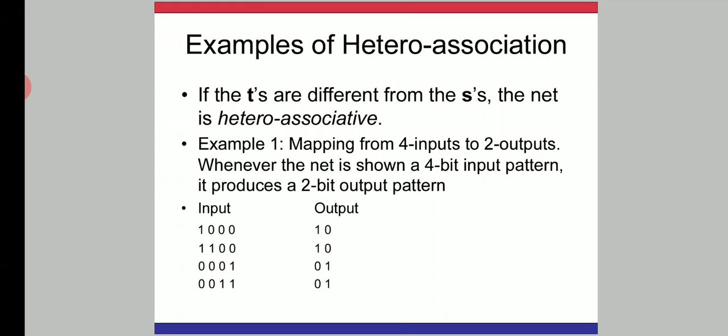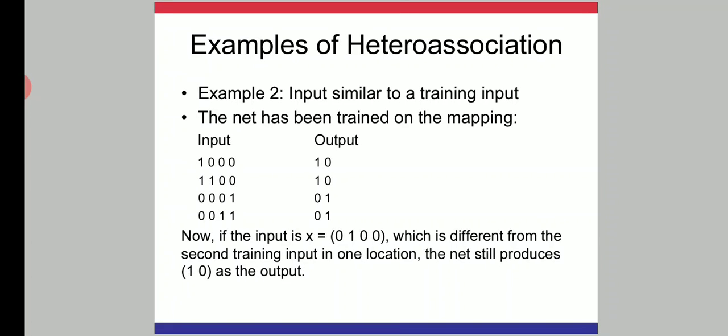If I tell you 1100, you remember 10, etc. But if I give you 0100 as my input, what happens? There is no 0100 inside your brain pattern; the brain has just these four mappings. Then what will the brain do? It will compare 0100 with the stored patterns, and there it will find that the highest similarity is 1100.